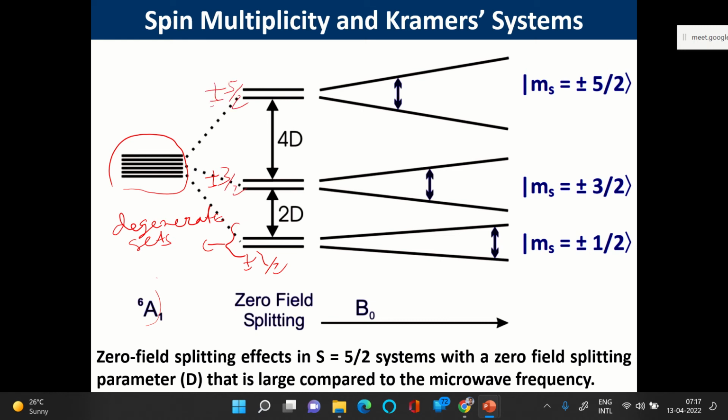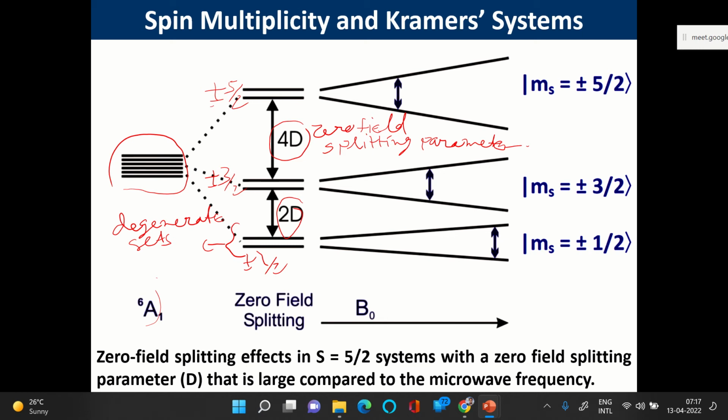And this D is what we call the zero field splitting parameter. So this is 2D, 4D.